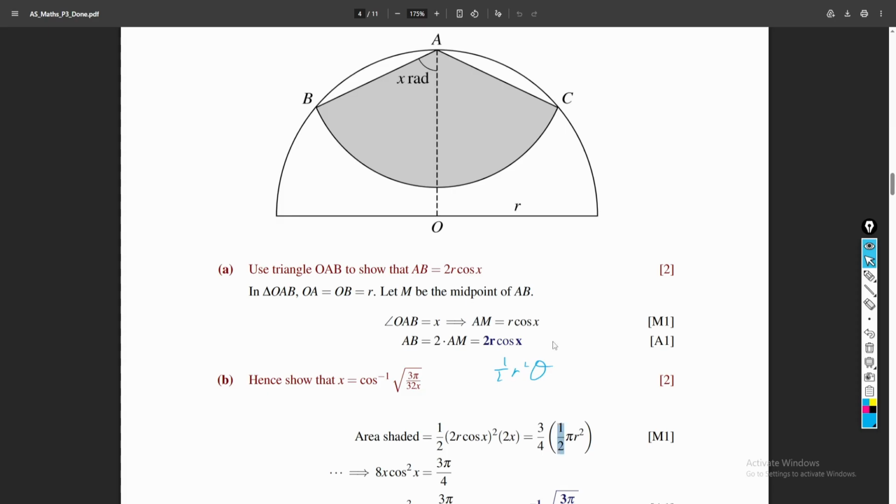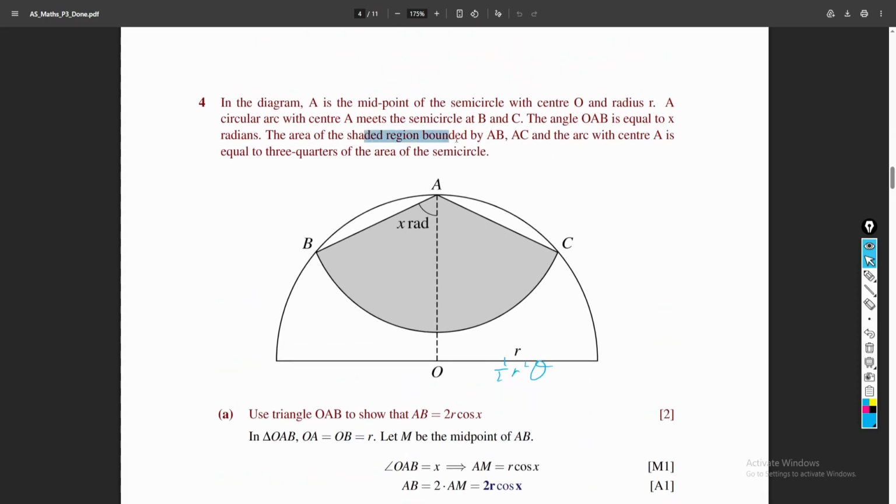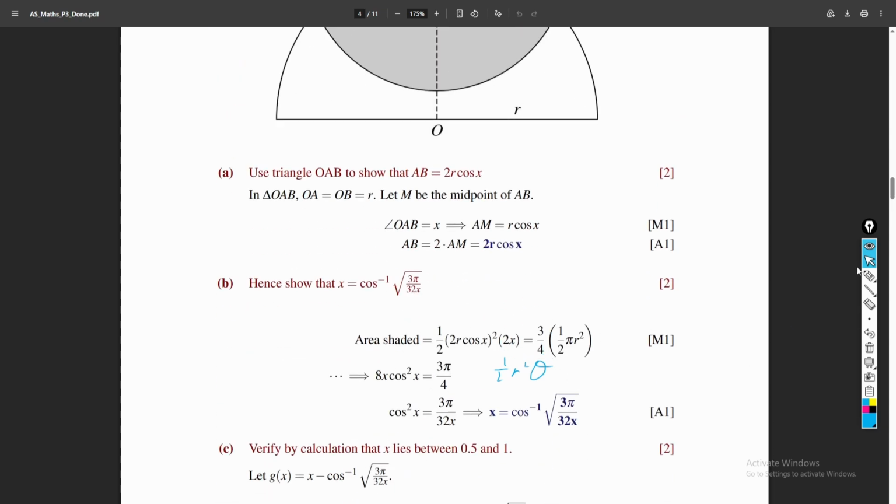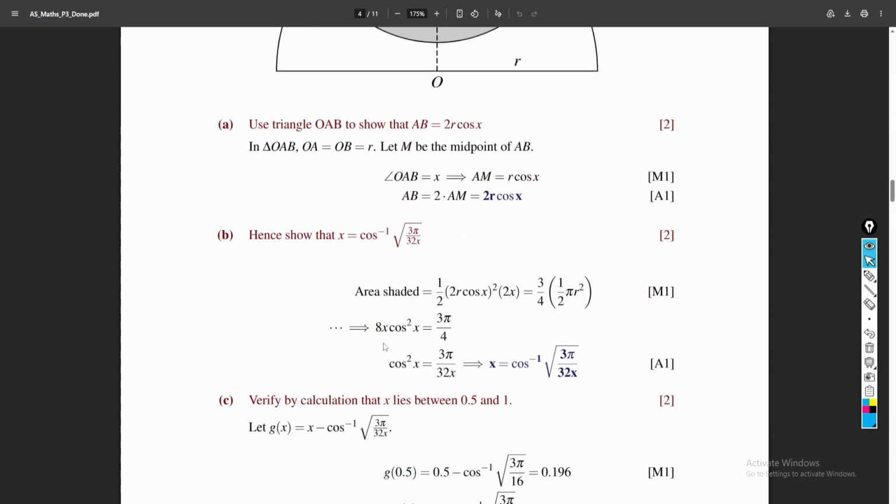So the formula of the circle: normally the area of a circle is pi r squared, and then we do half because it's a semicircle, and then we do 3/4 because we are told that the shaded region is 3/4 of the area of the semicircle. So that's what we do over here, and then we rearrange all this to make x the subject.